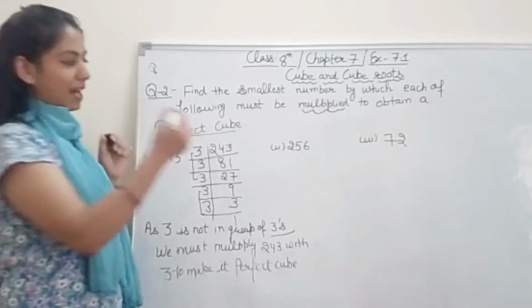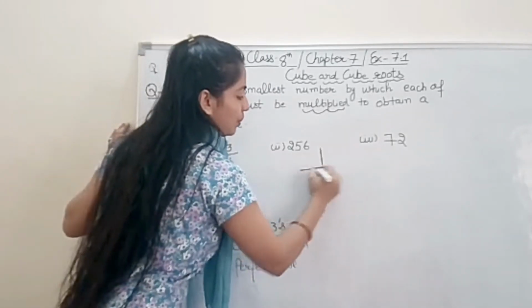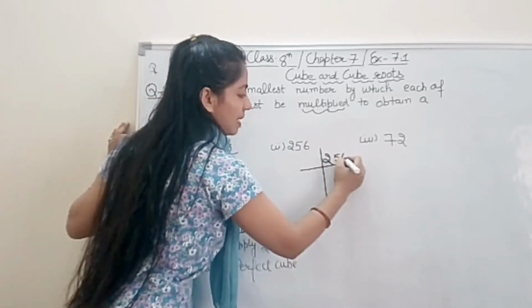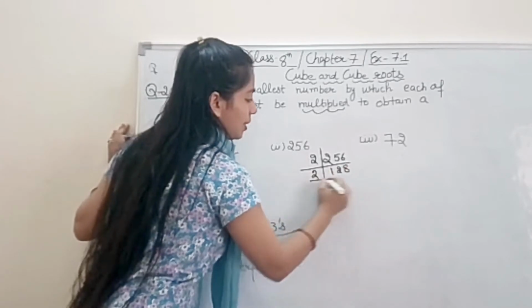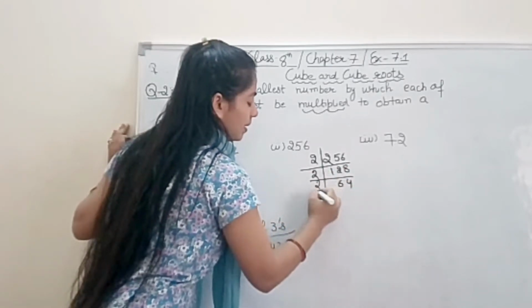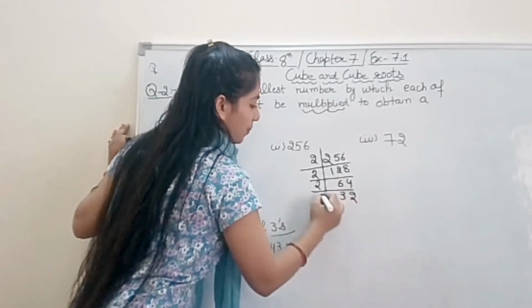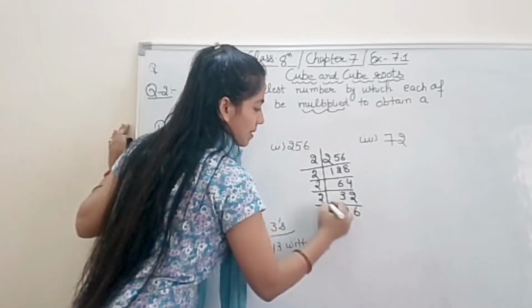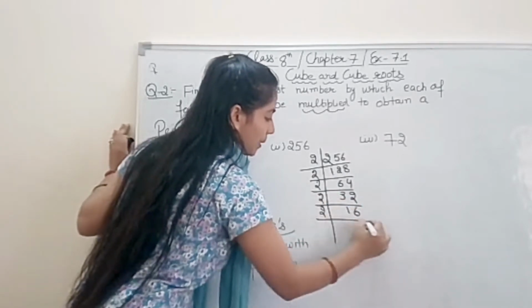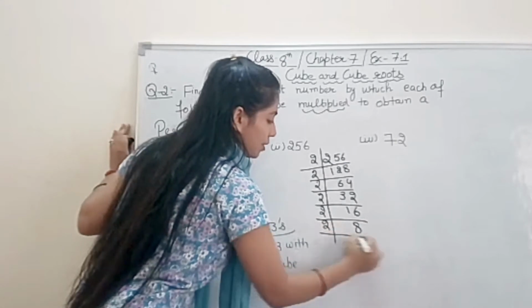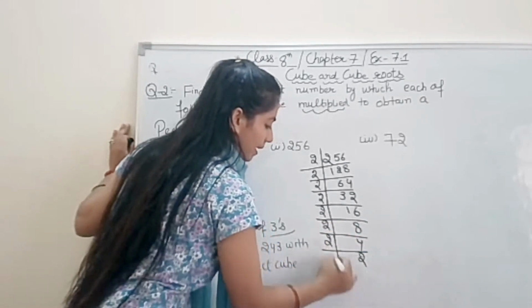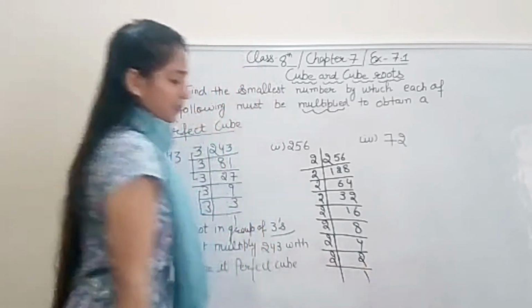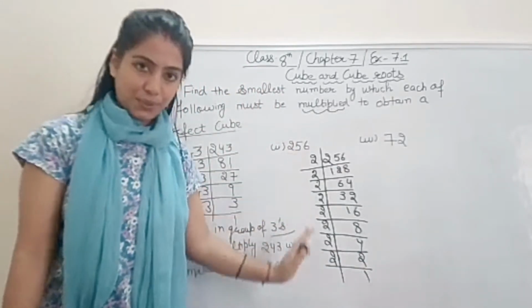Now coming to the second part, 256. Again we'll do the prime factorization for 256. 2 ones are 2, 2 twos are 4, 2 eights are 16, 2 sixes are 12, 2 threes are 6, 2 twos are 4, 2 ones are 2. Very simple, this you know.